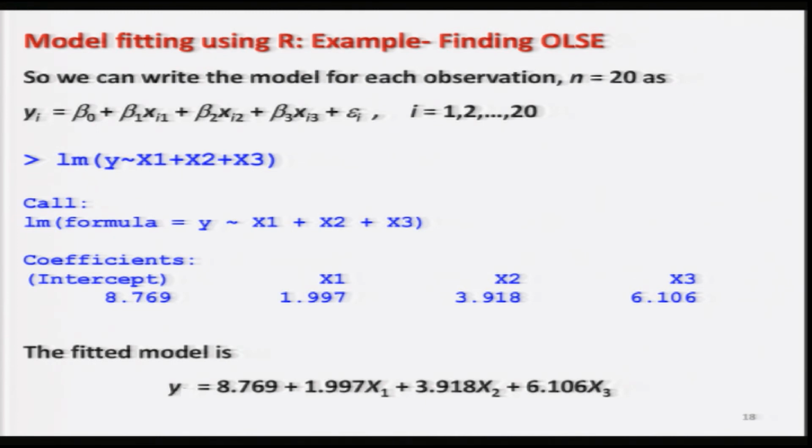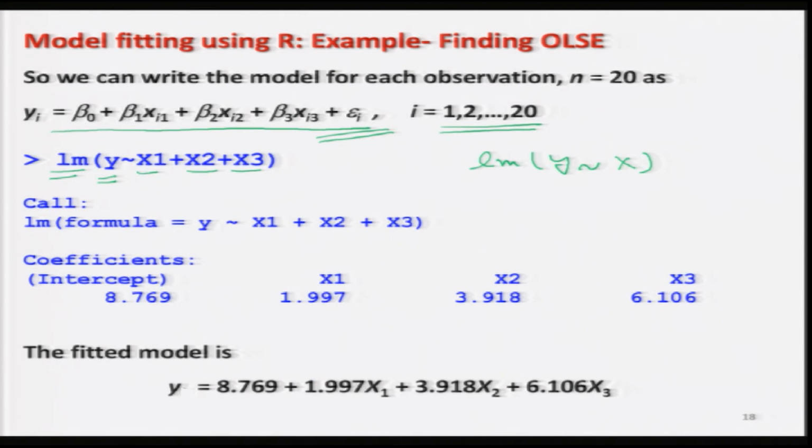In order to fit this model, yi is equal to beta 0 plus beta 1 xi1 plus beta 2 xi2 plus beta 3 xi3 plus epsilon i, based on 20 observations, we are going to use the same command that we used in the simple linear regression model, but I am extending it. The command is the same here. Earlier you had written lm y tilde x, now I am writing y, and my independent variables are x1, x2, x3, all joined by the plus sign.